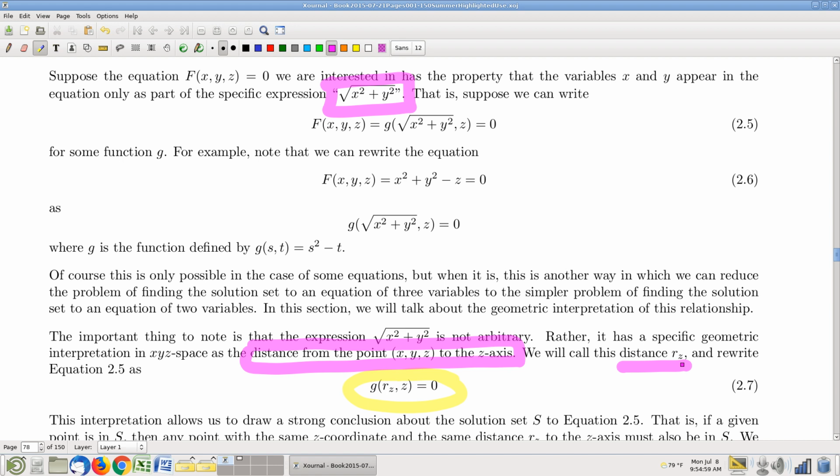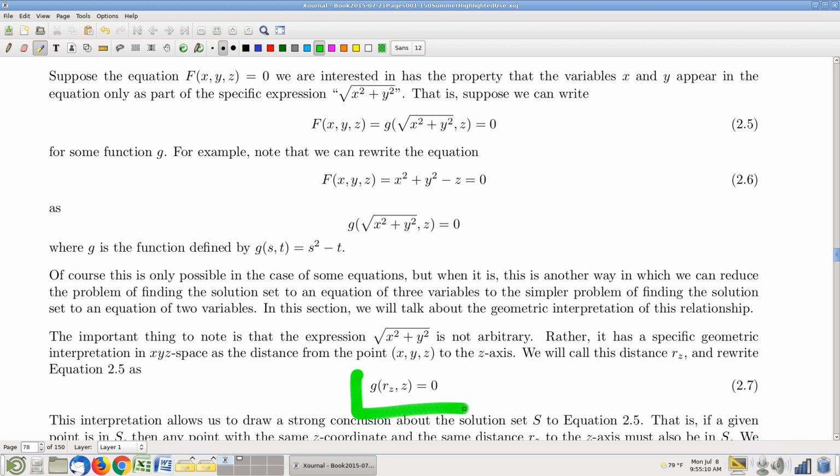Square root of x squared plus y squared is the distance to the z-axis. What that means then is that our equation is entirely decided without knowing x and y specifically. It's entirely decided only by knowing the distance to the z-axis and z.